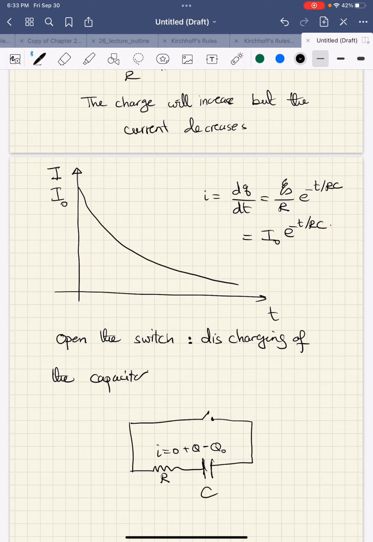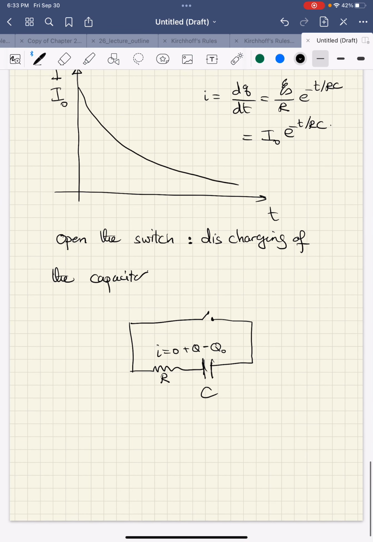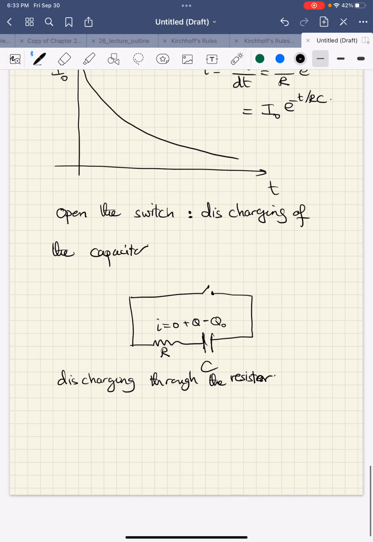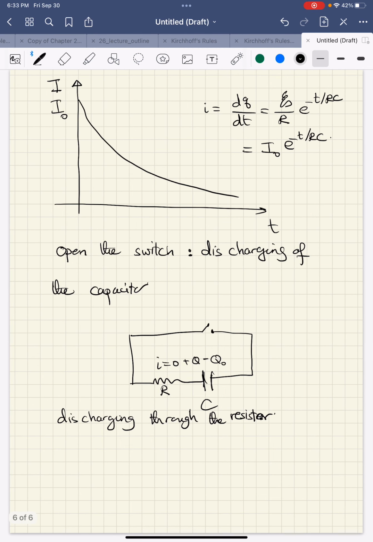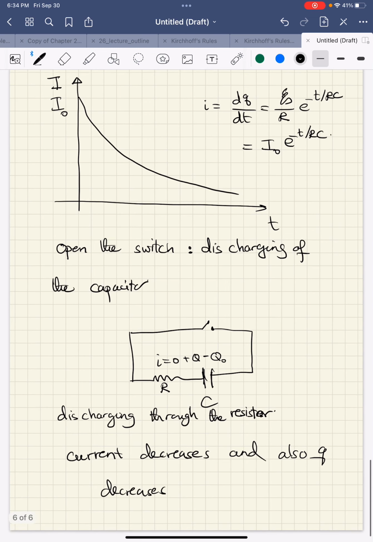We're going to find that the capacitor will start discharging through the resistor, and the magnitude of the current decreases, and also Q decreases. This is when we discharge.